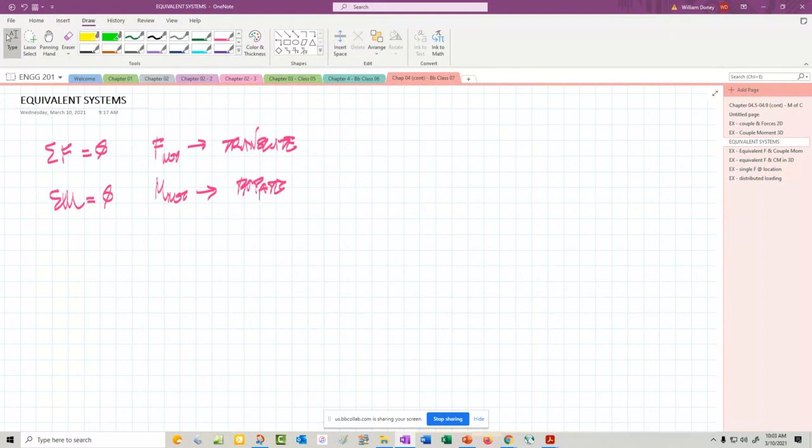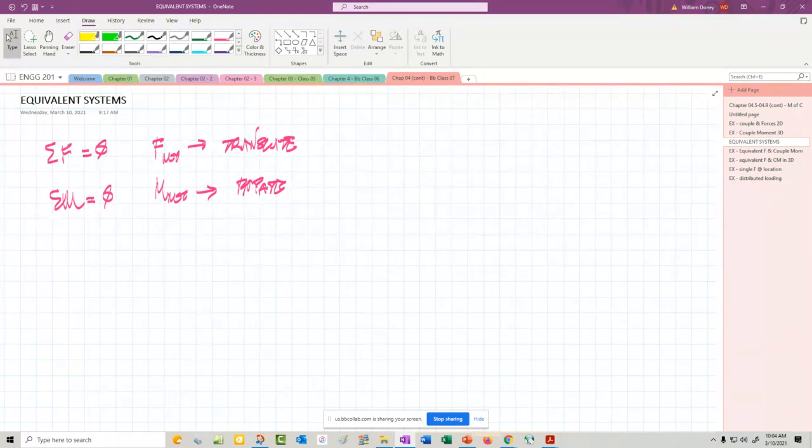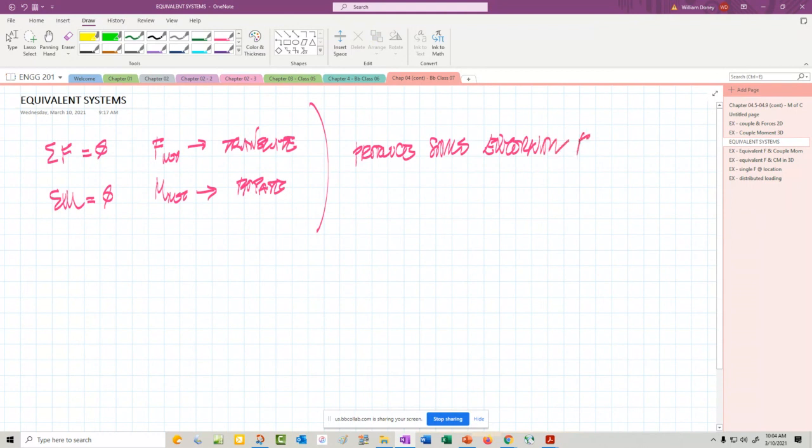Now, for an equivalent system, as we saw in the earlier examples, it has to have the same force resultant, and it has to have the same couple moment resultant. Okay? It has to produce the same external effects.